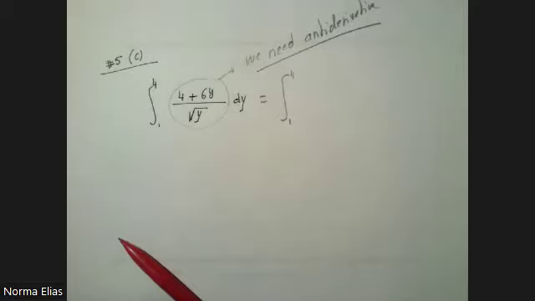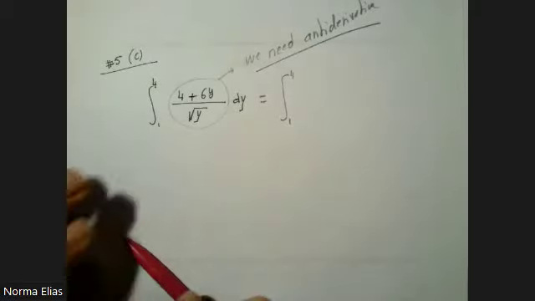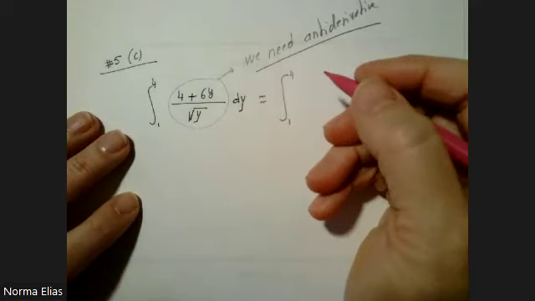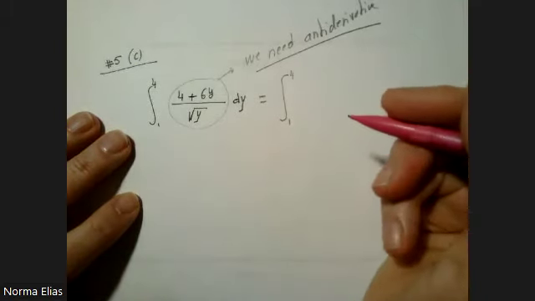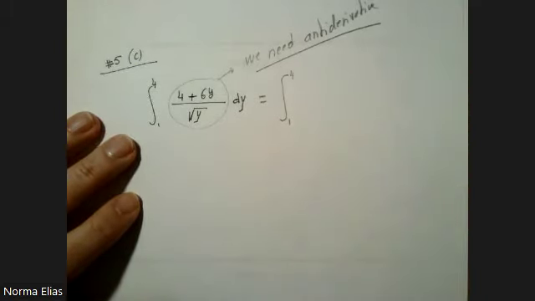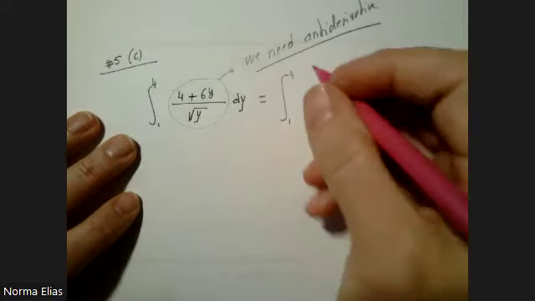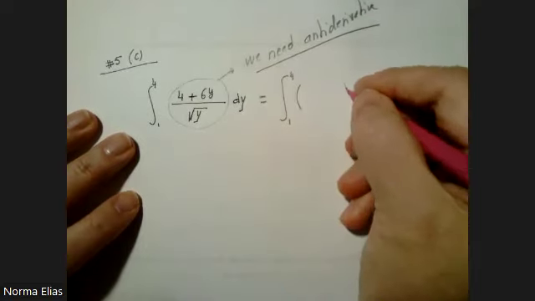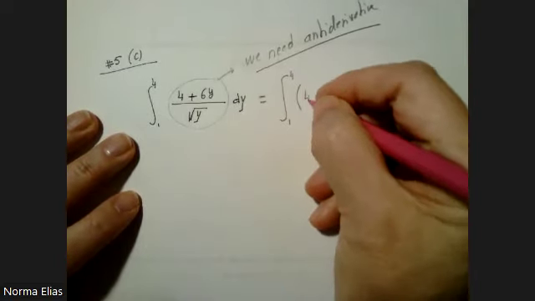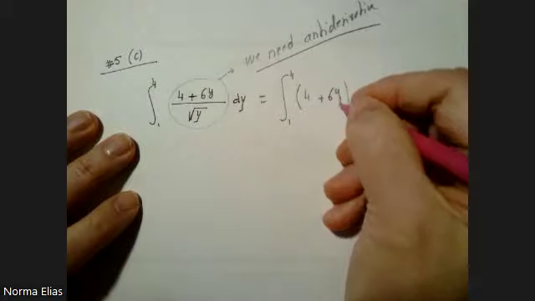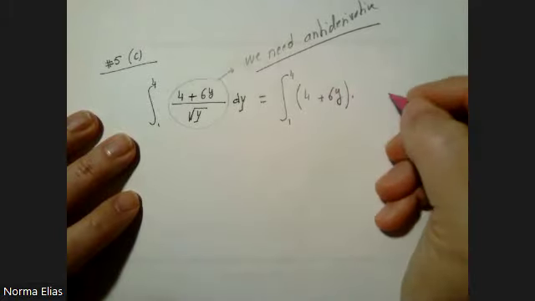Could you split it up? So 4 over root y plus 6y over root y? Yeah, we can do that. Absolutely correct. Both will be correct. 4 plus 6y, what you said verbatim is correct, but I can multiply it by what?